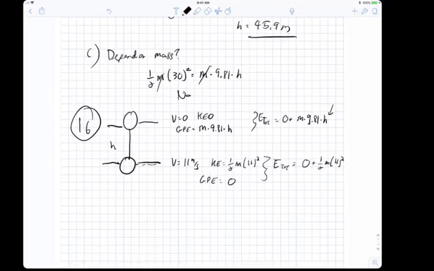And the total energy is conserved. So the height, you solve this, is going to be 11 times 11 divided by 2 divided by 9.81. 6.18 meters. Really?